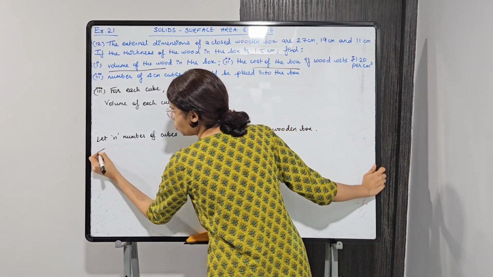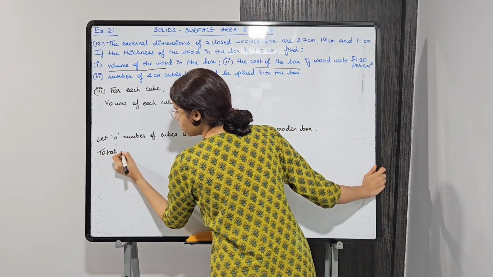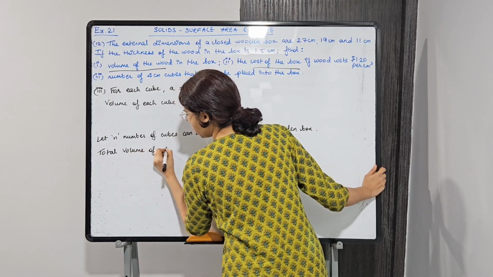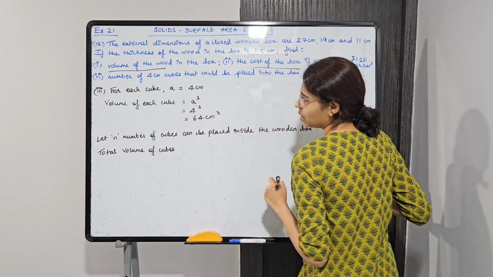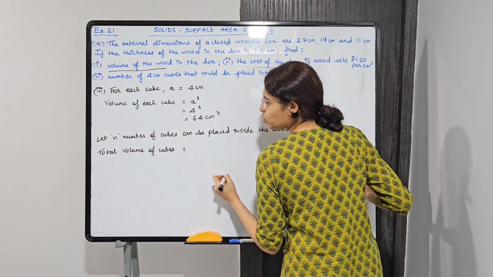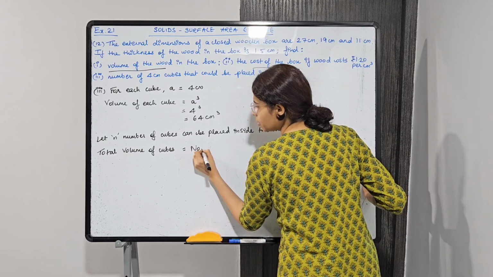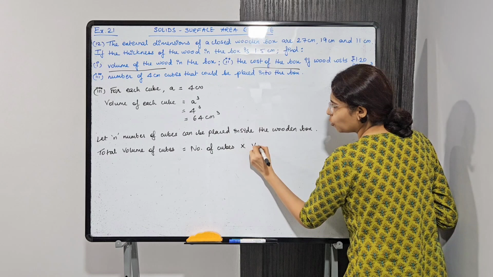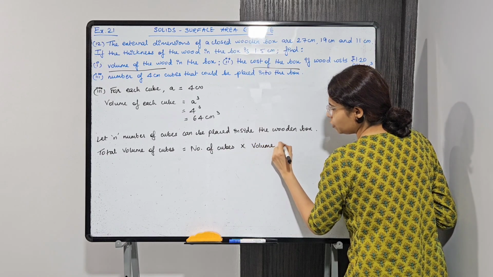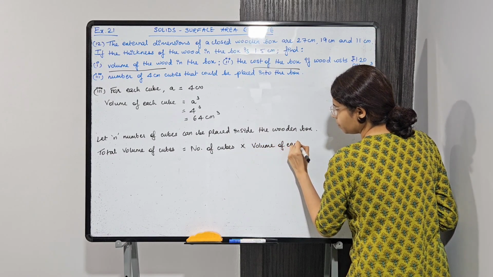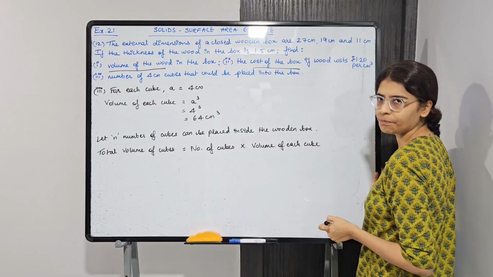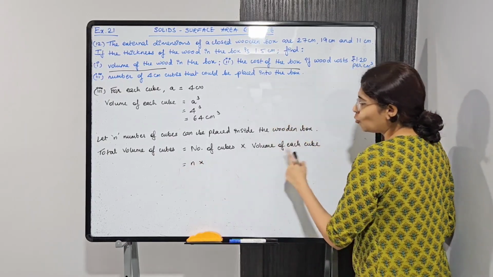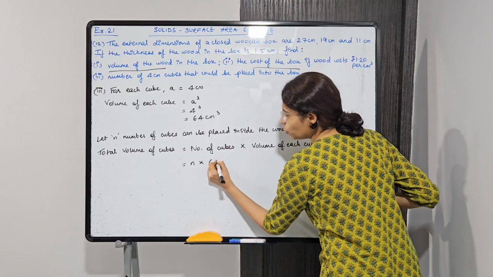So total volume of cubes, it will be equal to the number of cubes into volume of each cube, right? Number of cubes is n, volume of each cube is 64.